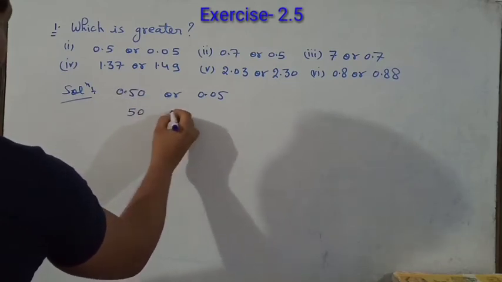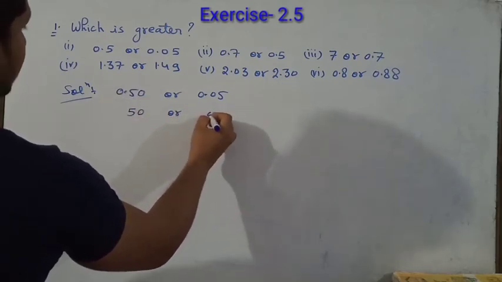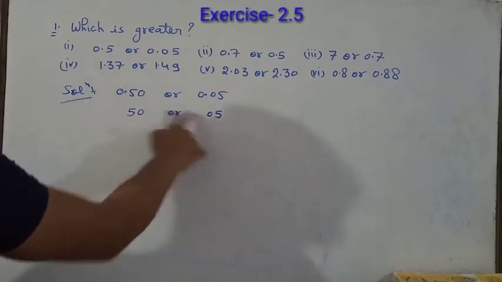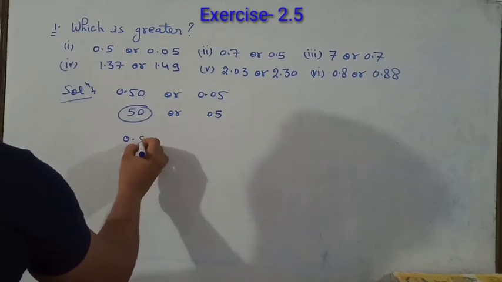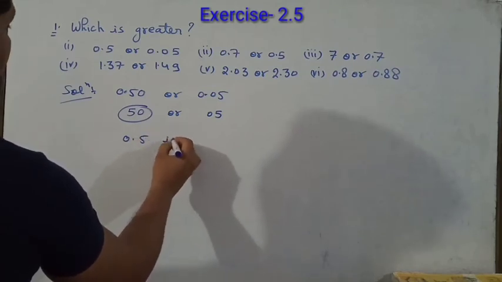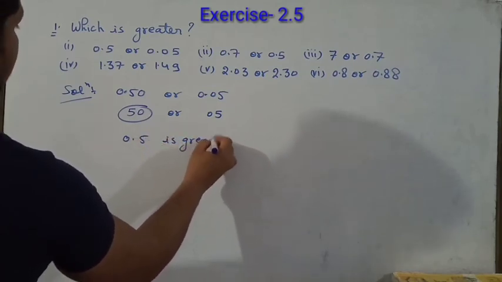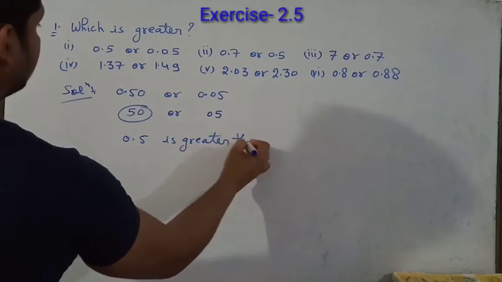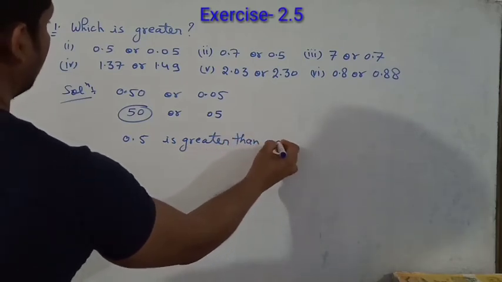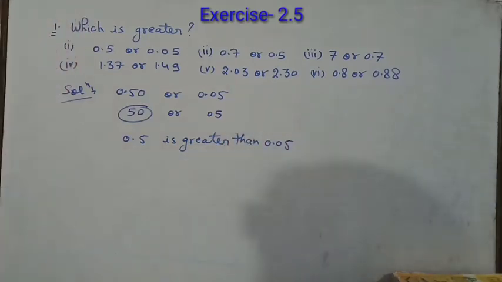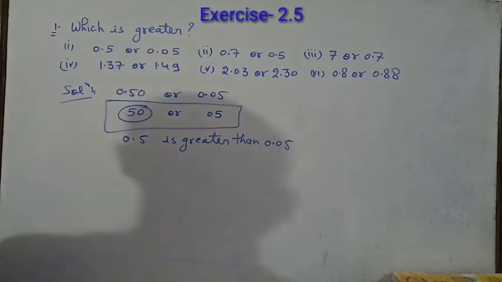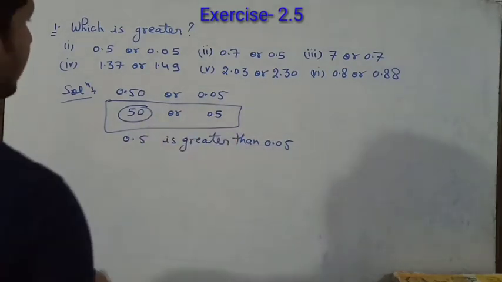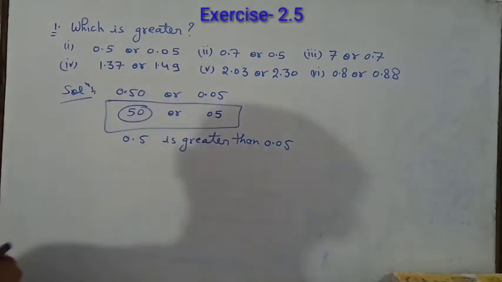Then this is 50 or this is 5. Which is greater? 50. So 0.5 is greater than 0.05. So this is the process. You can do it in your head. It is not necessary to write it in your notebook.